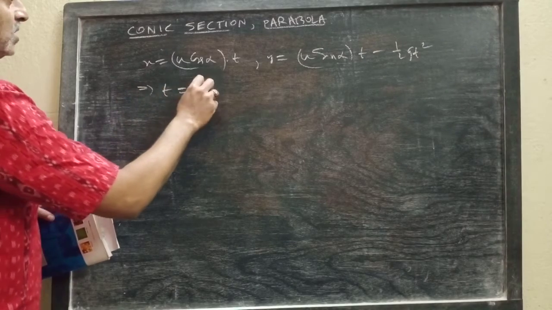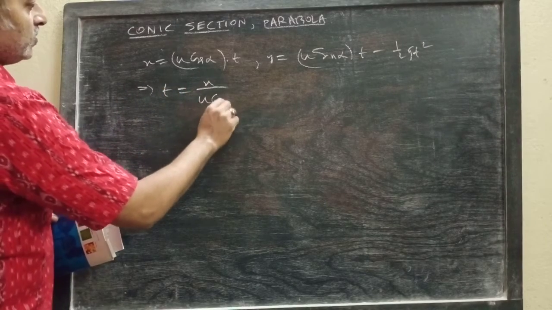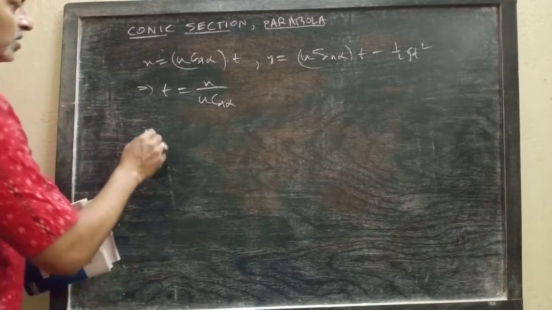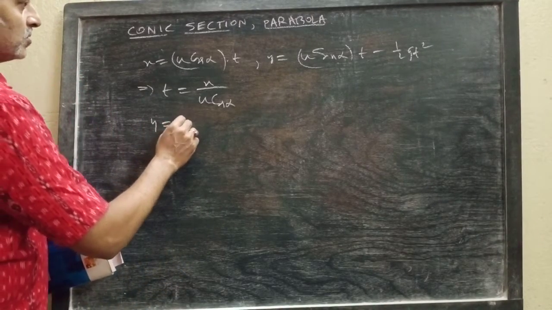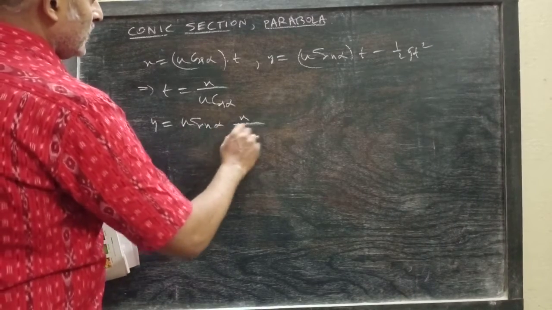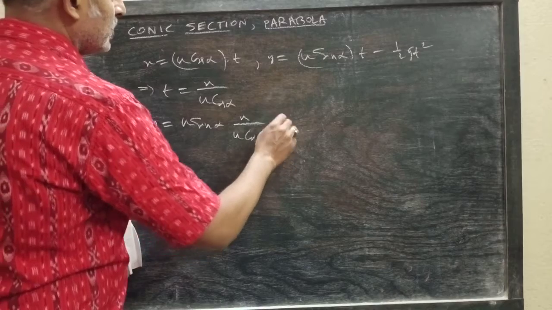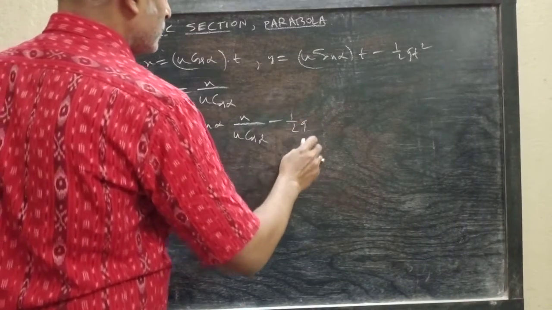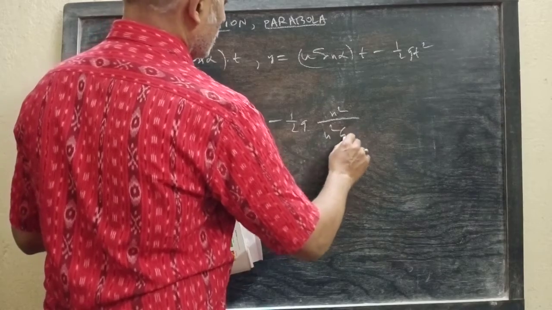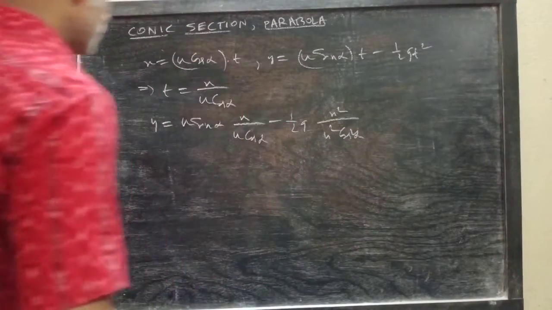From this t is x by u cos alpha. Now eliminating t between these two, we get y equals u sin alpha into x by u cos alpha minus half g t square, that is x square by u square cos square alpha.